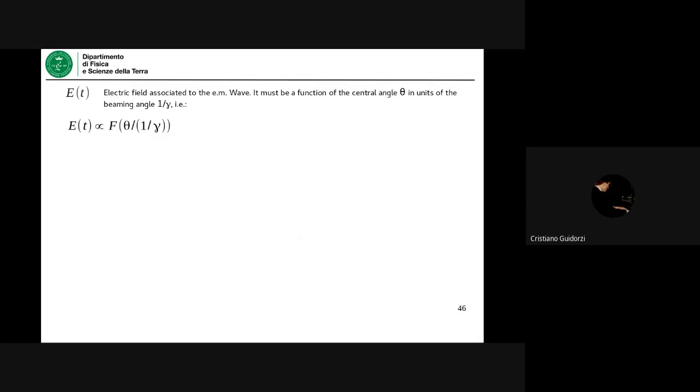So the electric field will depend on theta, the position of the electron, measured in units of the scaling angle, 1 over gamma. The ratio between these two angles, theta over 1 over gamma, is just their product. So it will be a function of the product gamma times theta.